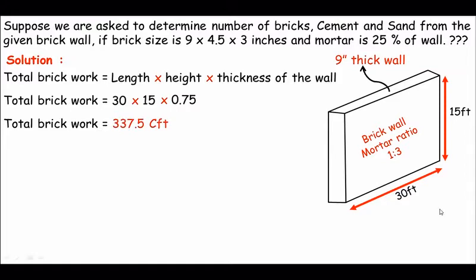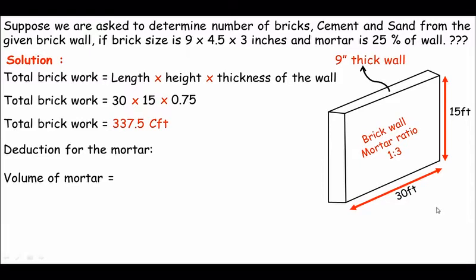But this is just the total brickwork. We have to deduct the volume of mortar, so let's calculate the volume of mortar. Remember, the volume of mortar can be found from the example terms. That's 25%, so the volume of mortar equals 25%, and to remove the percent sign we divide this by 100.